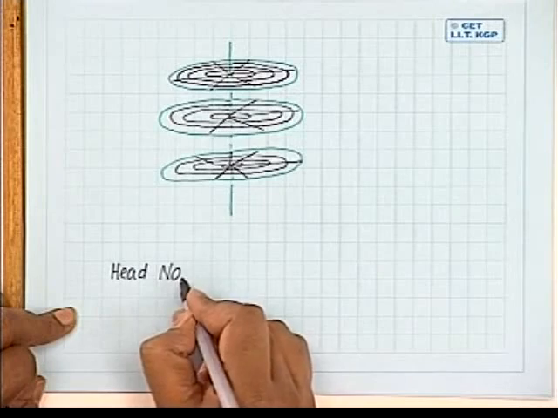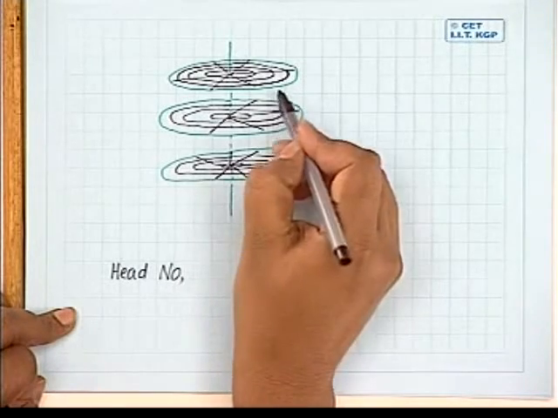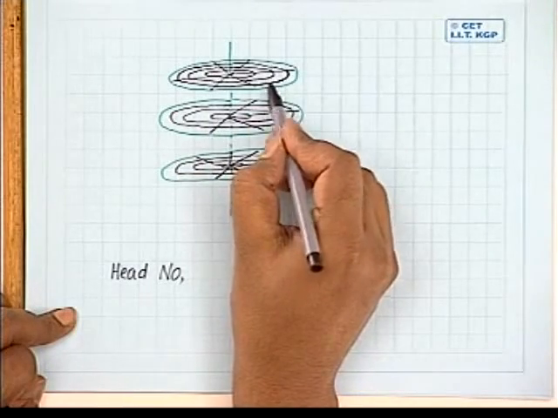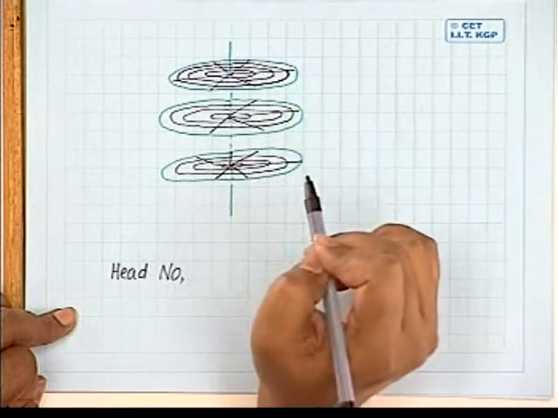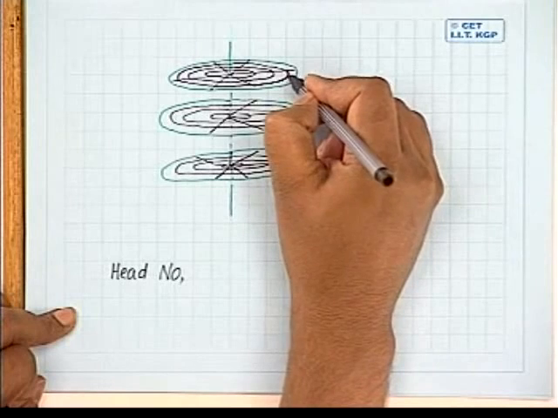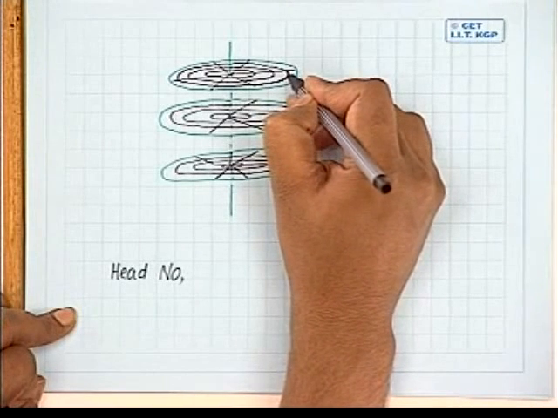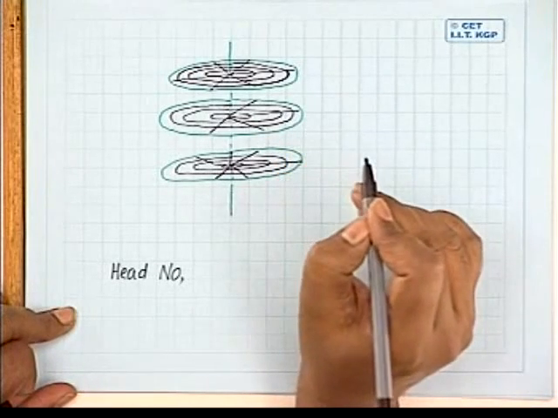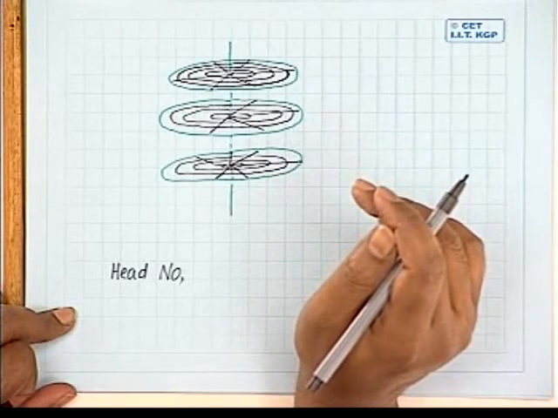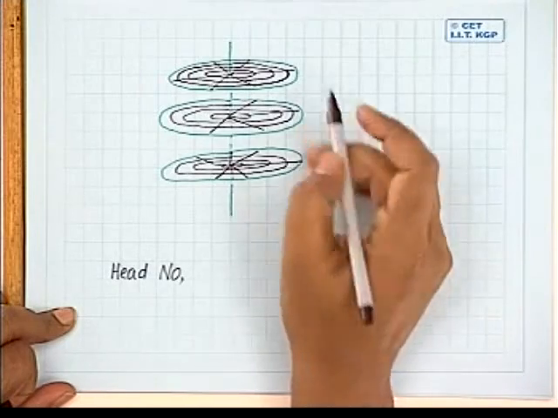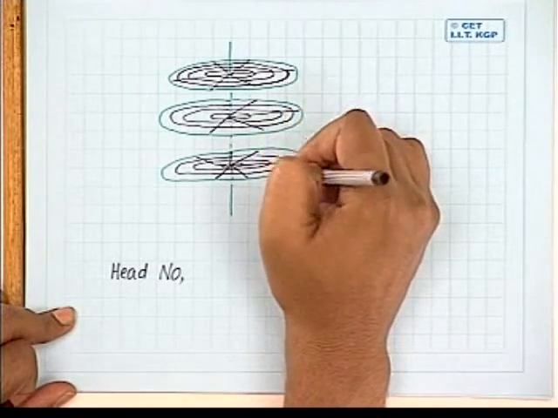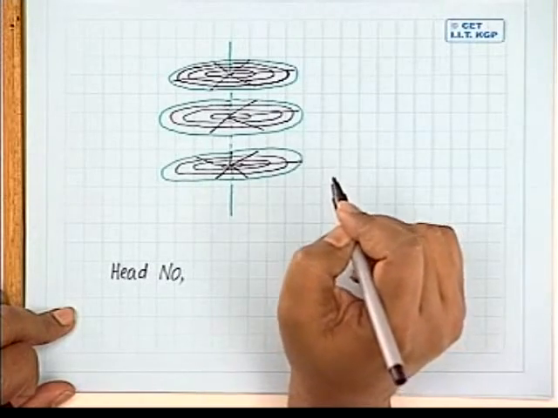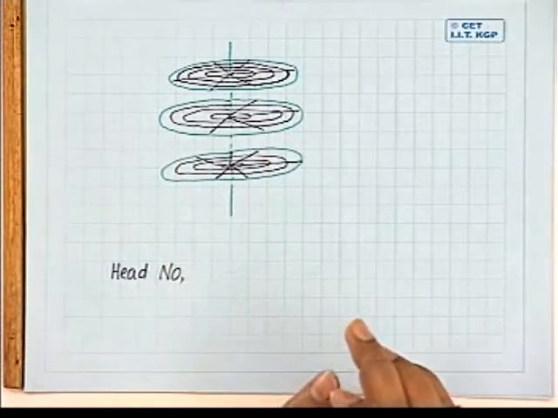So once this head number is given, next what I am interested in is the track number. Now the disks and the tracks are so aligned that the 0th track of every disk is present at the same location. So the same track on every disk taken together is called a cylinder, because this simply forms a cylindrical surface.